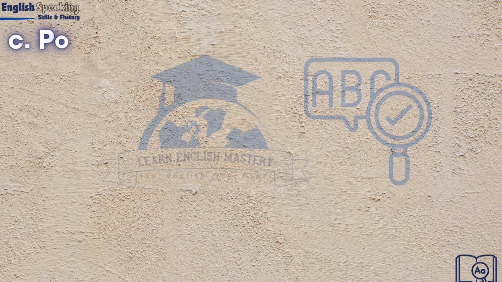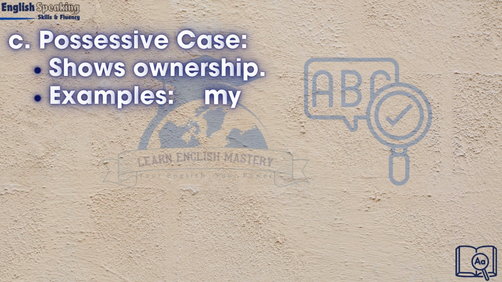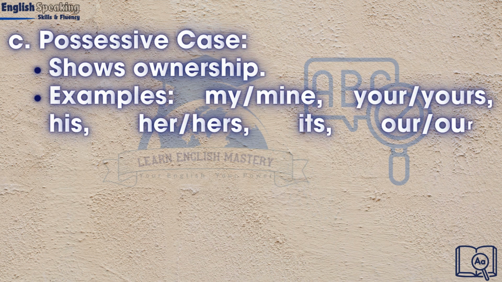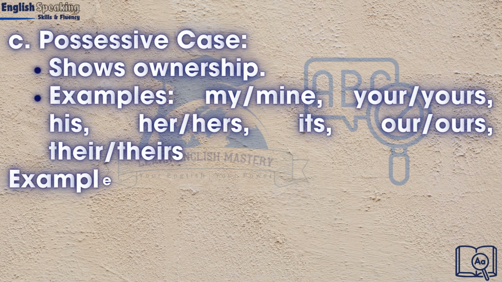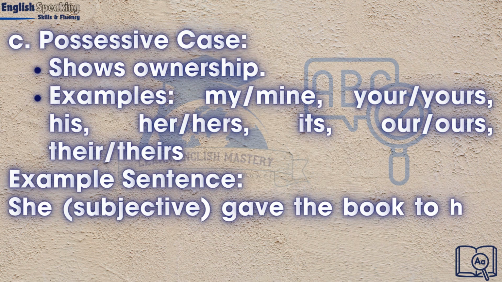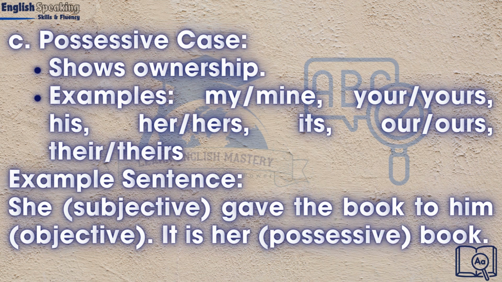C. Possessive case: shows ownership. Examples: my/mine, your/yours, his, her/hers, its, our/ours, their/theirs. Example sentence: She (subjective) gave the book to him (objective). It is her (possessive) book.